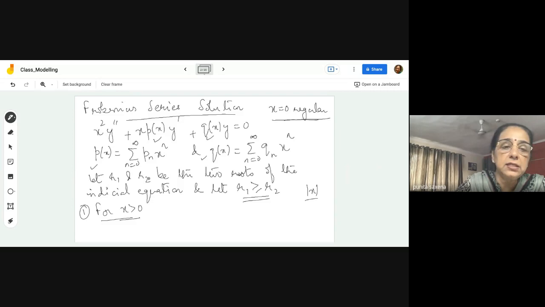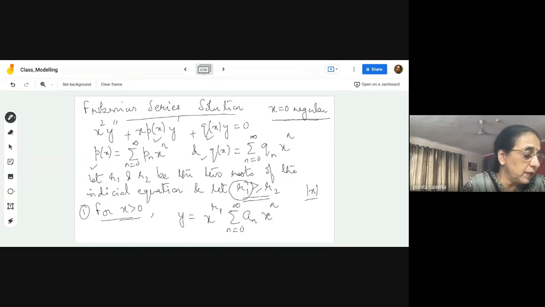Now, for x greater than 0, the theorem says that there exists one solution corresponding to the larger root, that means a solution of the form x to the power r1 summation a n x to the power n, n from 0 to infinity, of this differential equation 1.